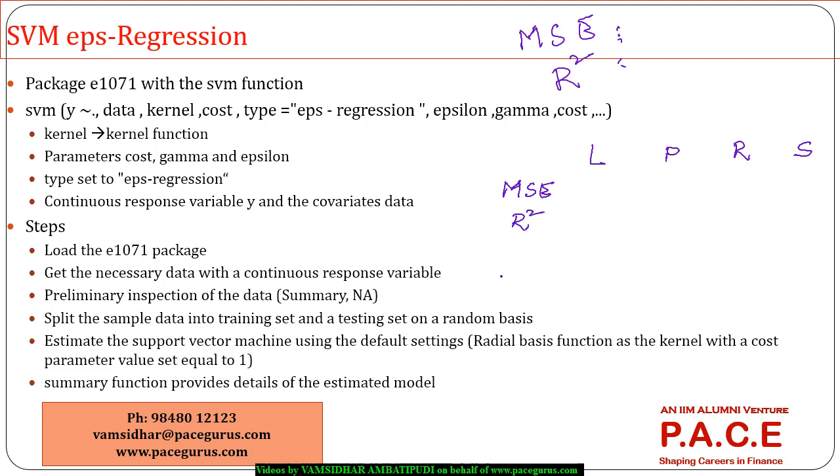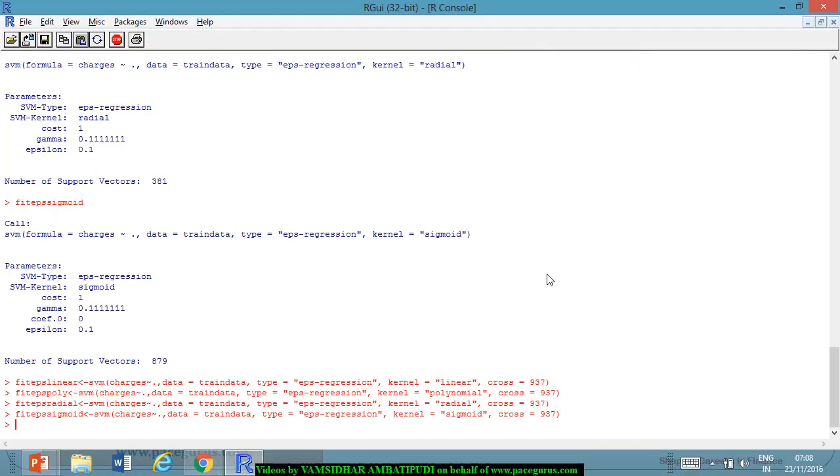Then on the testing data also, I can do the R squared. And finally see, for this specific data, if I have to use an epsilon regression based support vector machine, which of these four algorithms is the best, going with the default parameter values.